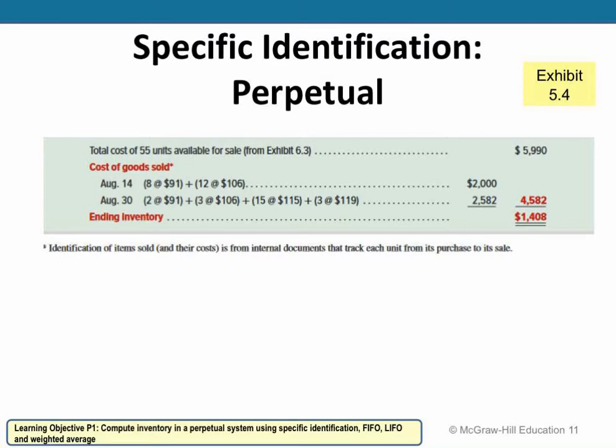For most companies, this isn't going to be that reasonable of a costing system, because if you're selling rolls of paper towels, for example, it doesn't matter whether it was actually the first paper towel that you put in the back of the warehouse or the last one that you put in the front that physically got taken out when the sale was made.